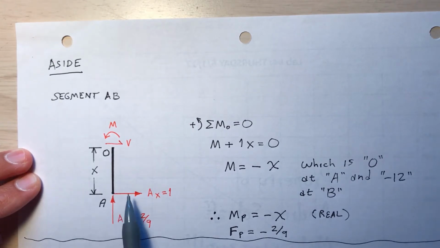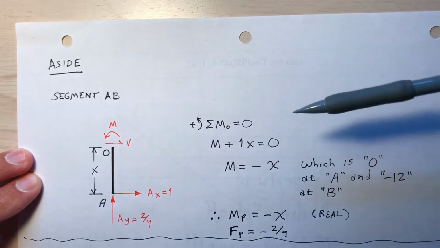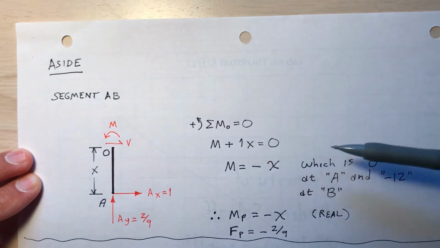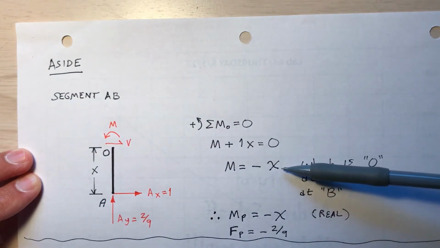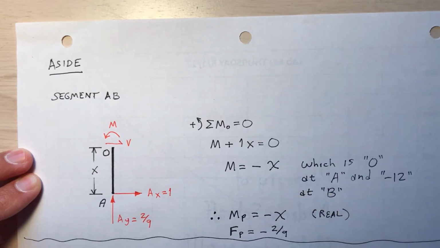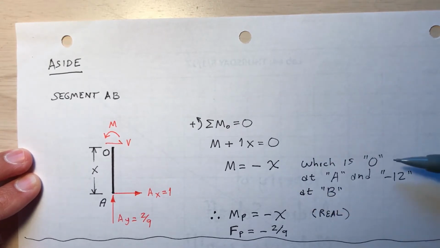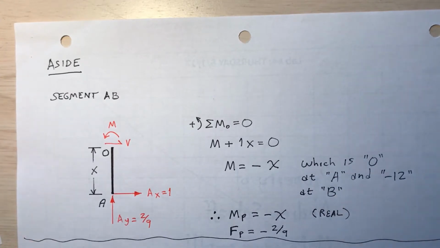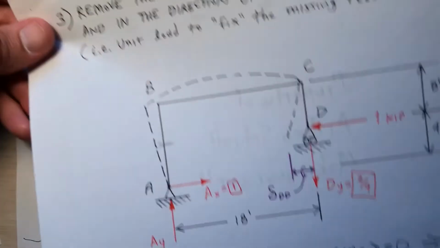I take the reactions at A. I've got an internal shear, internal moment. So examining equilibrium of this, M is negative x, so that's an expression for the bending moment in segment AB. Notice that the value of this is 0 at point A, and at point B, which is the top of this column.